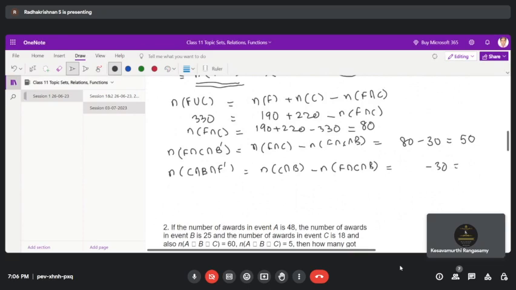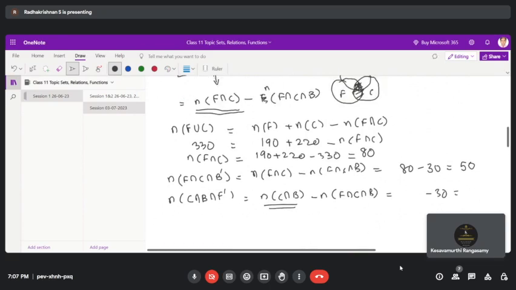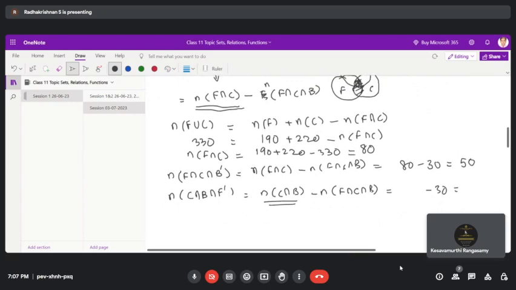So what is this value? C intersection B. What is N of C intersection B?